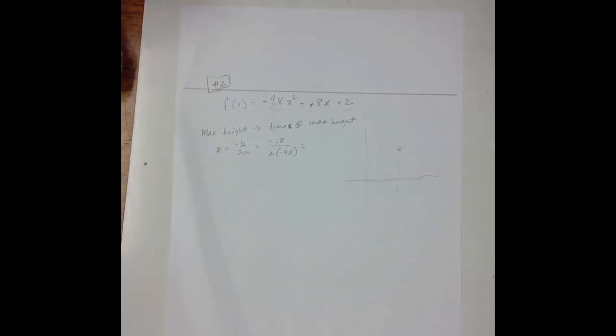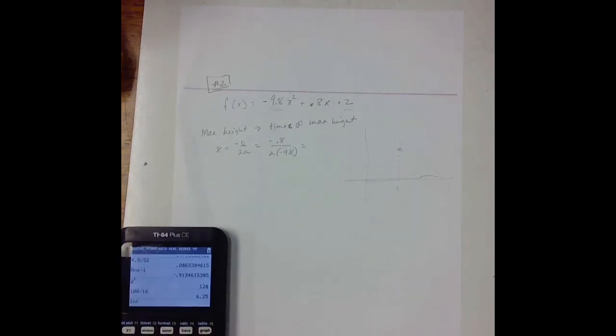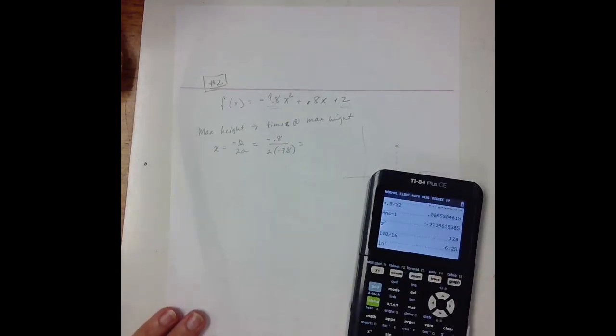That gives me the x value, the time that the maximum height occurred. So in my example, I would have 0.8 divided by 2 times 9.8.